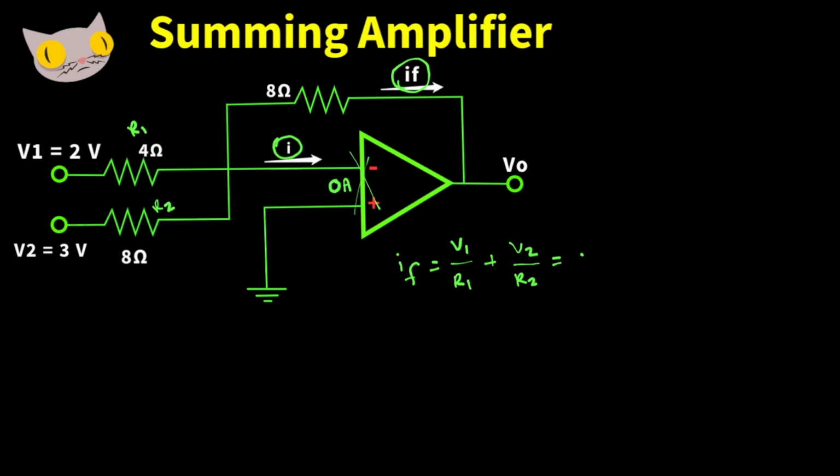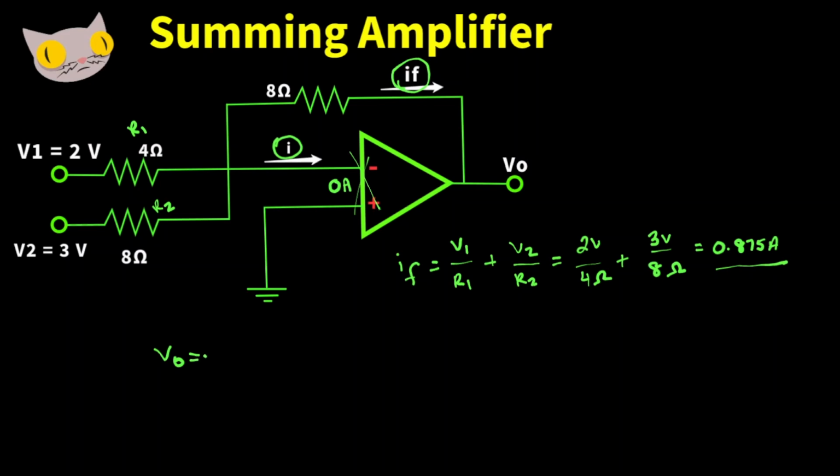So we have 2 volts over 4 ohms plus 3 volts over 8 ohms. That's going to give us 0.875 amps. So now we can find our output voltage.